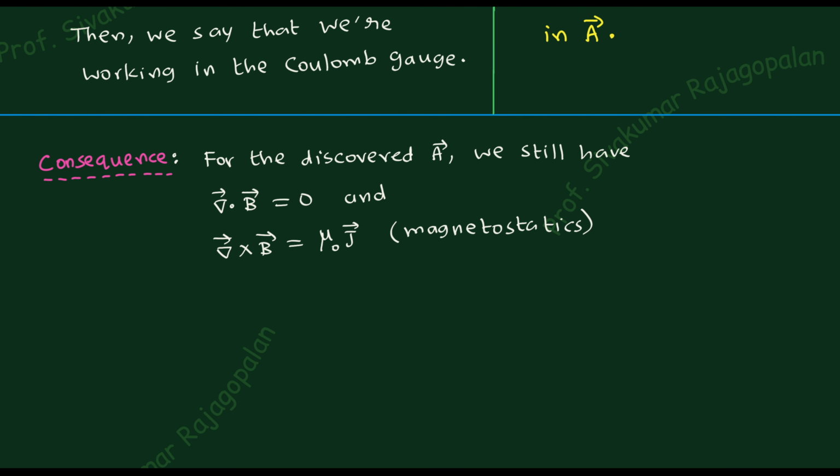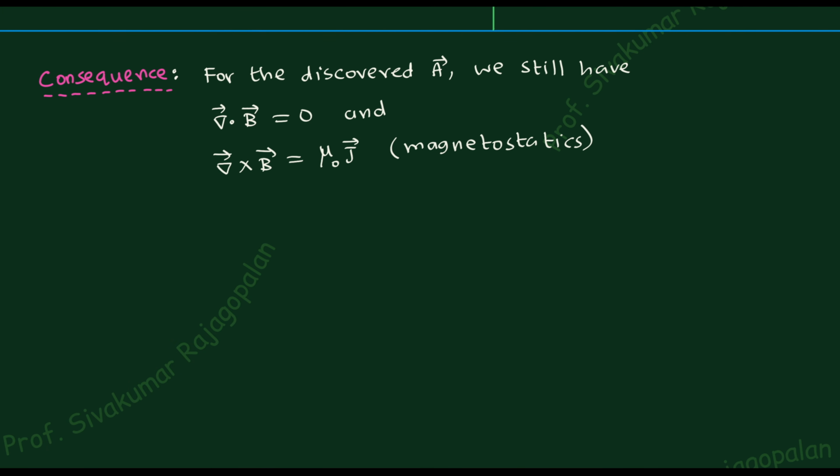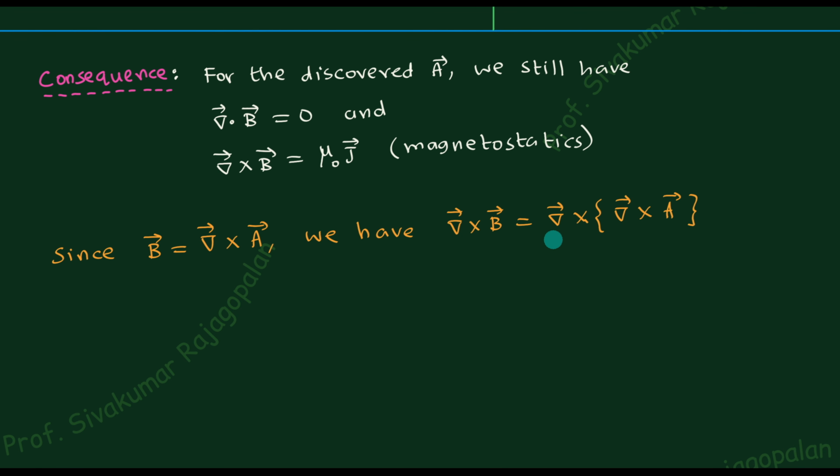And now let us once again use the vector calculus rule. What we know is that the magnetic field is curl of A, and not only that, let us substitute that. What is the curl of B? We have something like Ampere's law, right? That's why we'll calculate del cross B, so del cross del cross A. Now you expand it using the vector calculus rule.